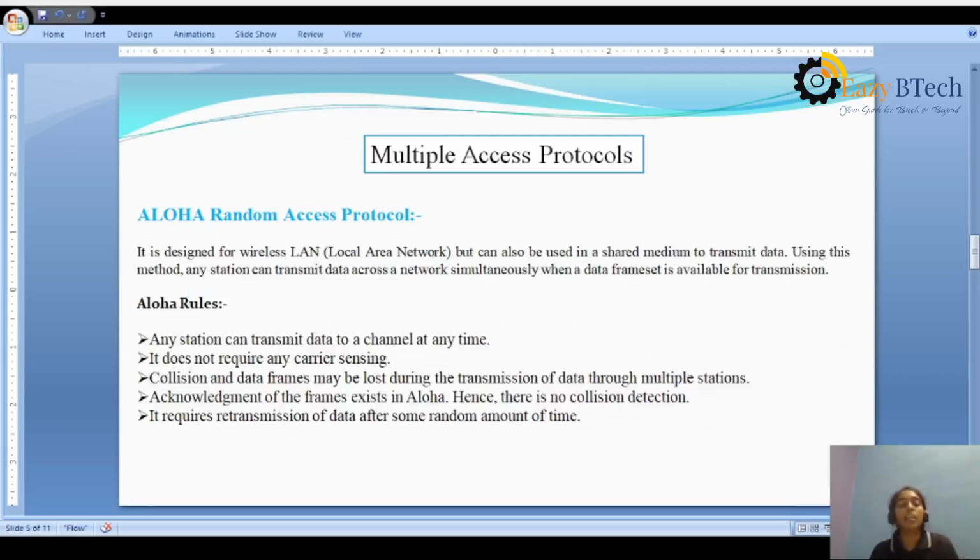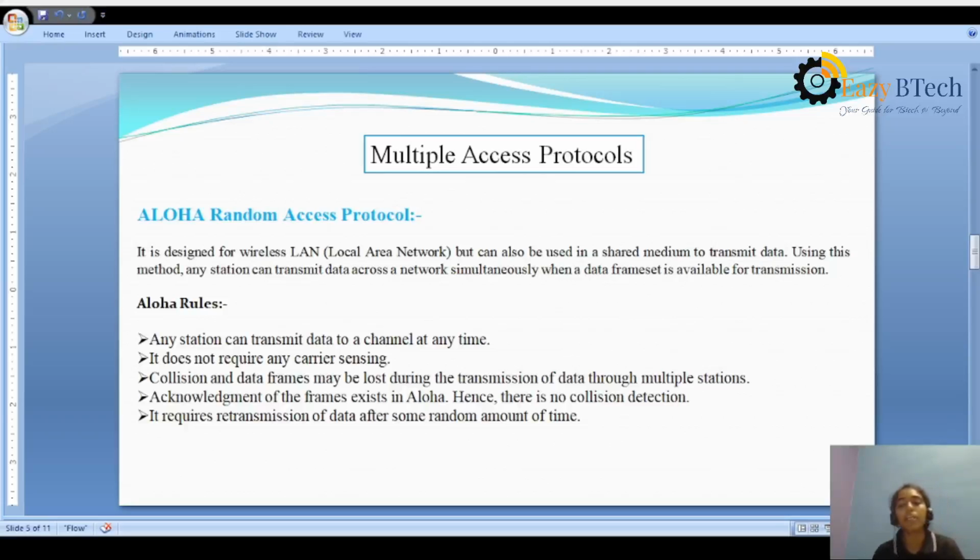For that sake, the Aloha random access protocol has some rules. Each and every station or user must follow these rules before transmission of data. The first point: any station can transmit data to the channel at any time.